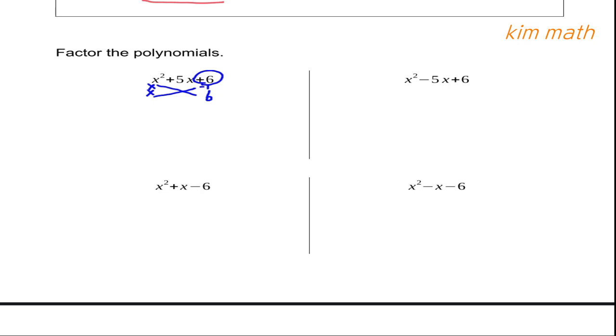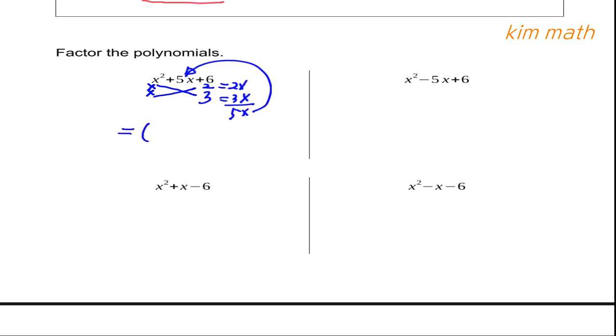So let me erase some part. 1 and 6 does not work. How about 2 and 3? Yes, 2 times 3 is 6. And cross multiplication, this is 2x. This is 3x. Now, the sum is 5x, which is here. So factoring done.